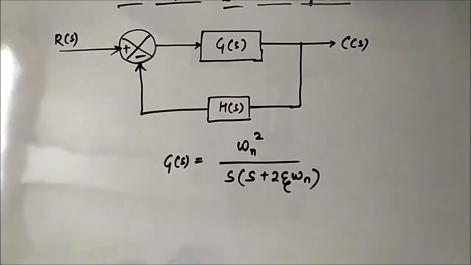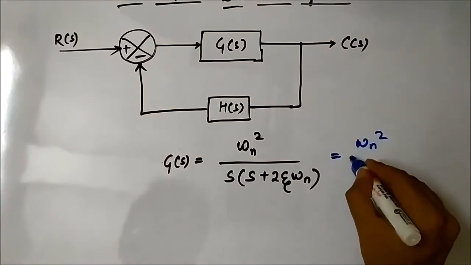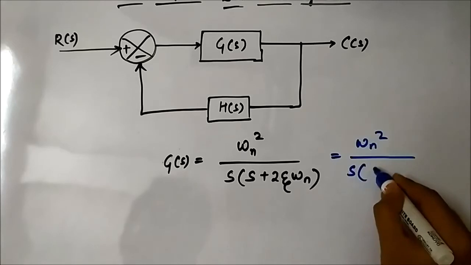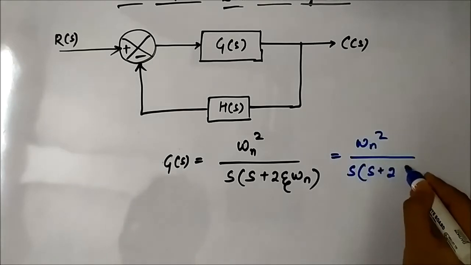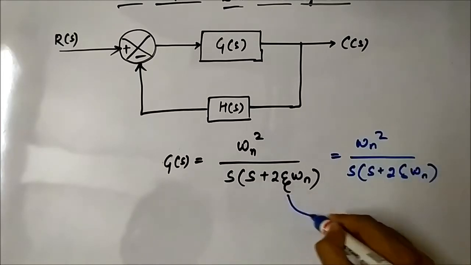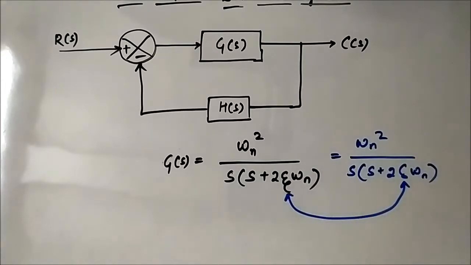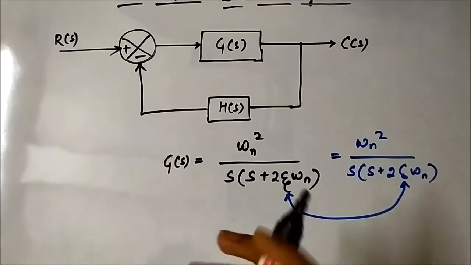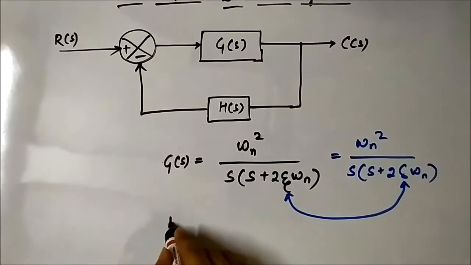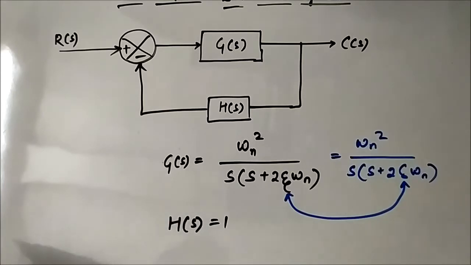Sometimes it can also be written in this form: omega n square by S into S plus 2 delta omega n. So don't confuse between these two symbols. They mean the same thing, which we'll discuss in a moment. And the feedback path is generally equal to 1, meaning unity feedback. H(s) is equal to 1.